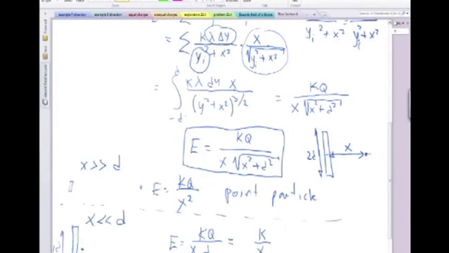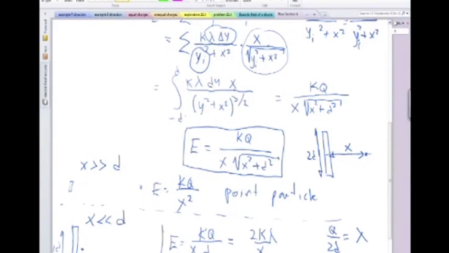What is q over d? Well, q over 2d is what? We have a special name for that, charge per unit length. That is lambda, right? It's the total charge divided by the total length of this thing. So this is k divided by x times 2 lambda. That's what it becomes.